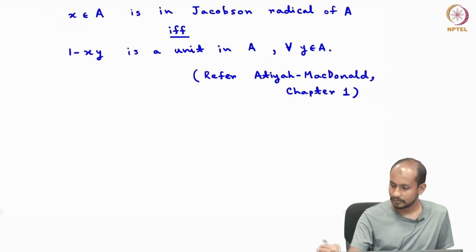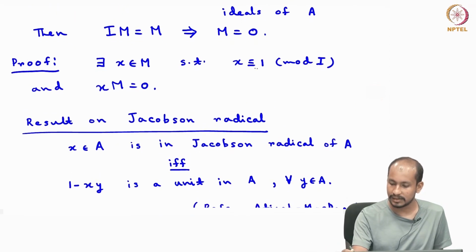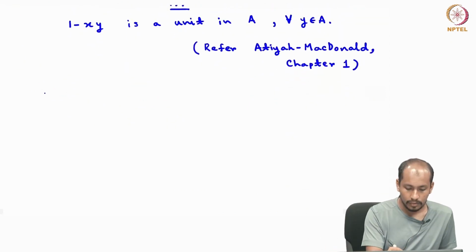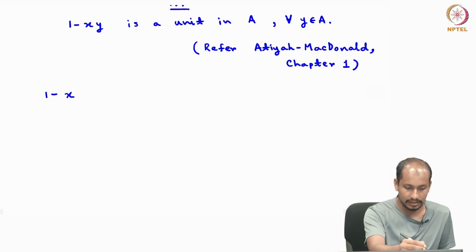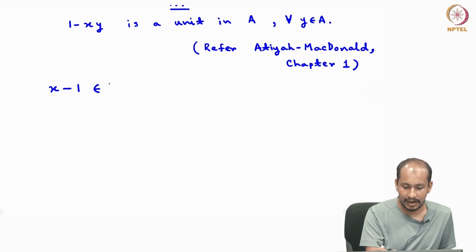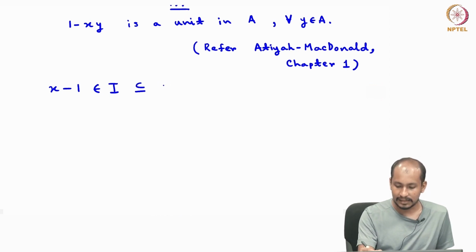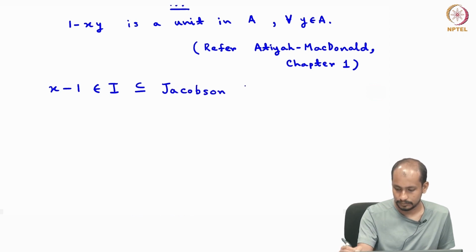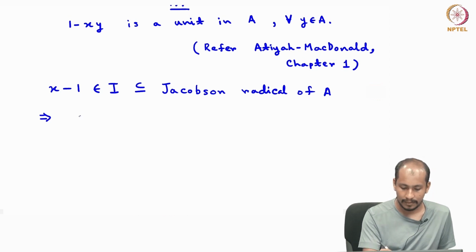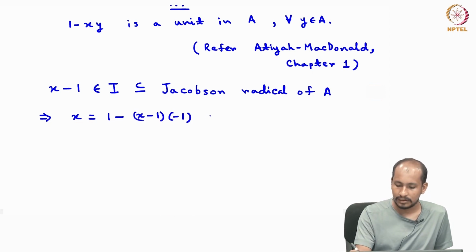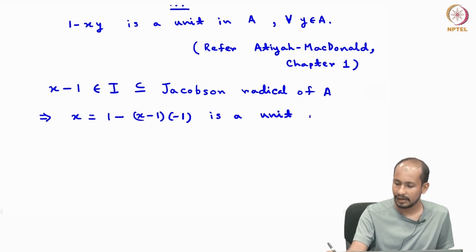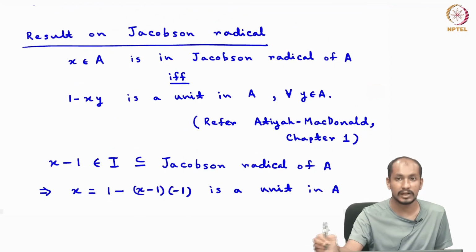Okay. Now we know that this x is congruent to 1 mod I. So it means that x minus 1 is inside I. Now from our hypothesis, this I is contained in the Jacobson radical of A. So this means that x, which is 1 minus (1 minus x), is a unit in A. This follows from this result on the Jacobson radical.